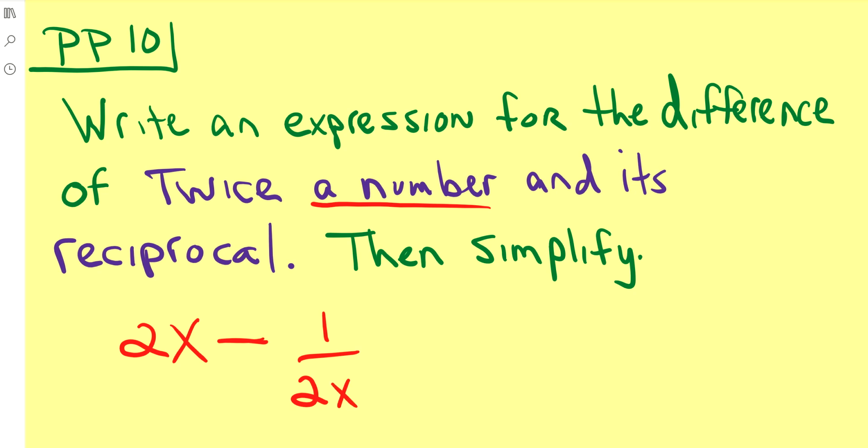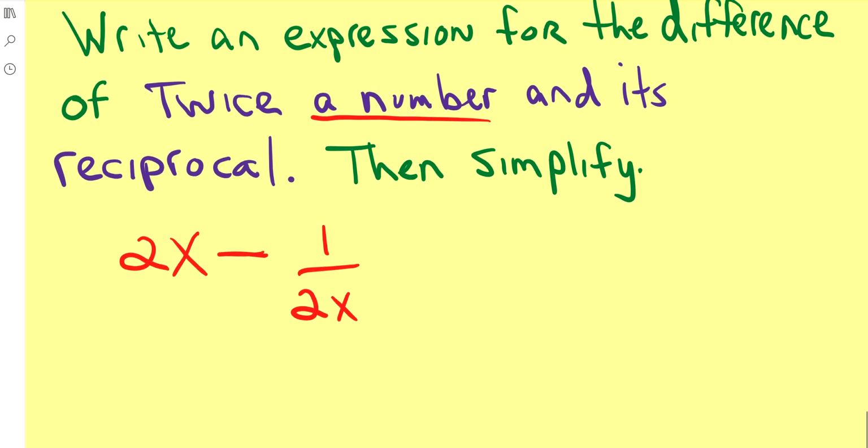Okay, so that's my problem. And if this is my problem and I'm subtracting these two terms, I've got to get the denominators to be the same. So remember, this is over 1. And I've got to make both denominators 2x. So I'm going to multiply the 1 times 2x, top and bottom.